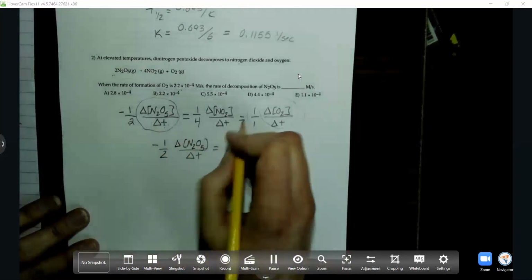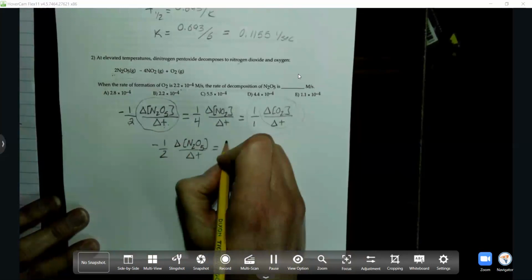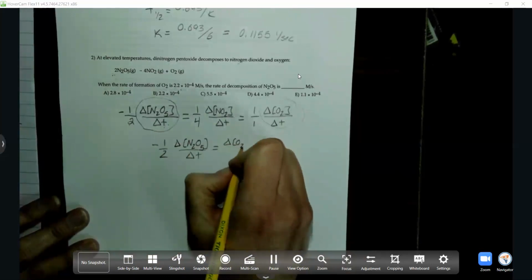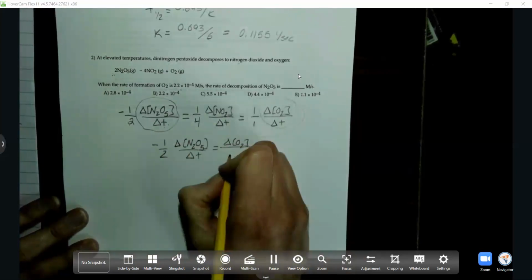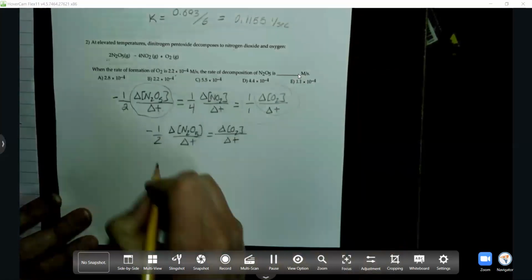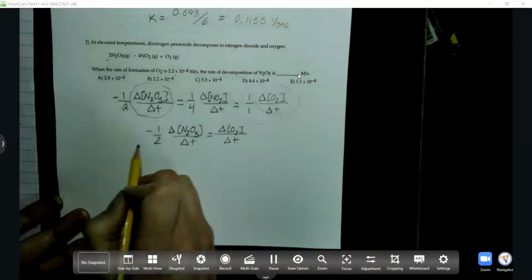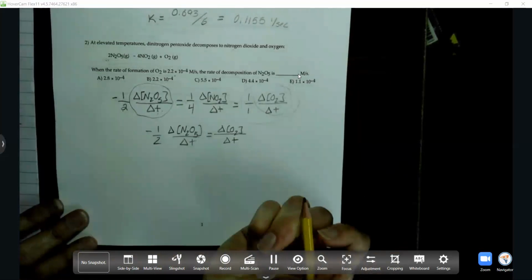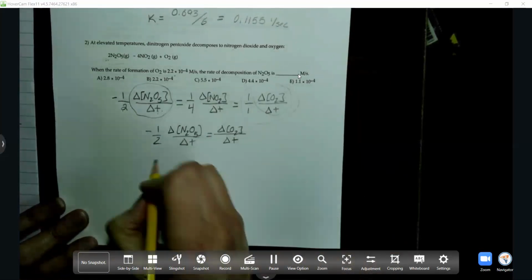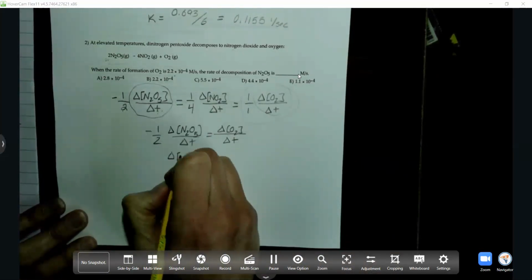And I'm going to drop the 1 over 1 because we don't need it. So when we want to find this, we're going to multiply both sides by -2.